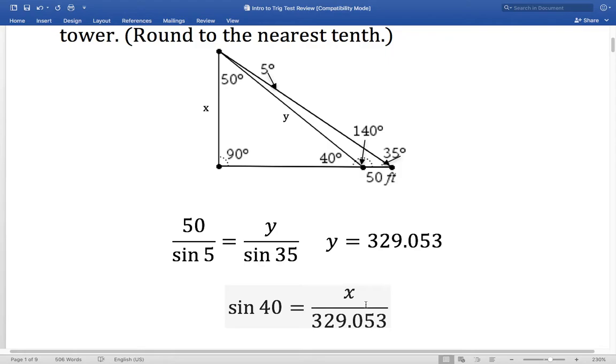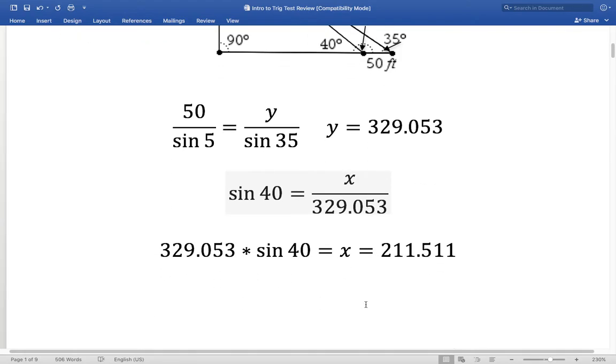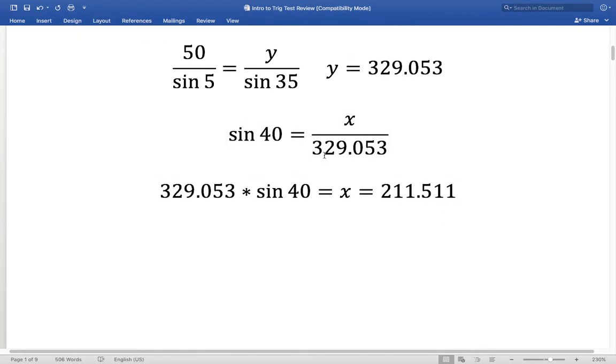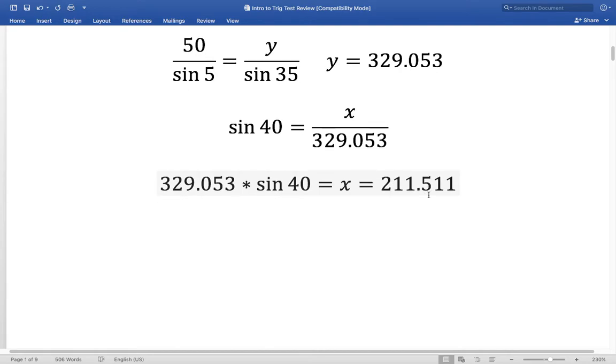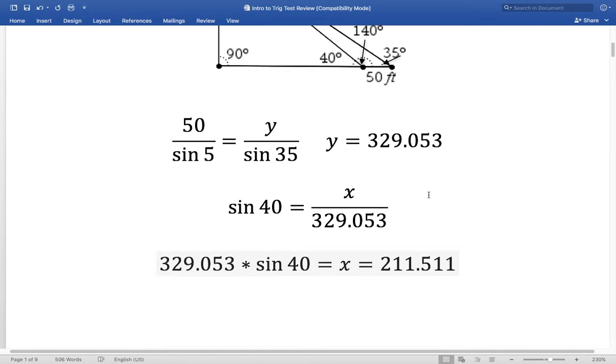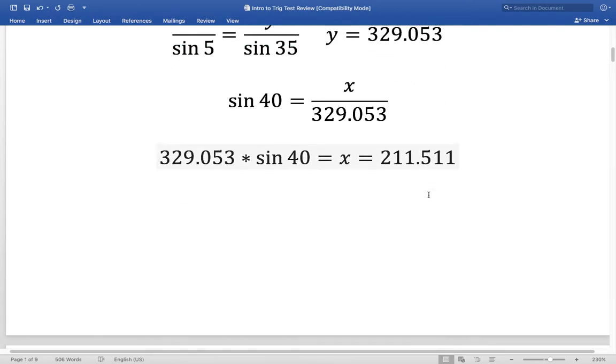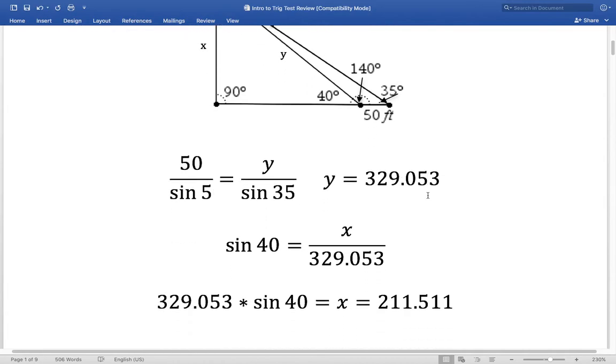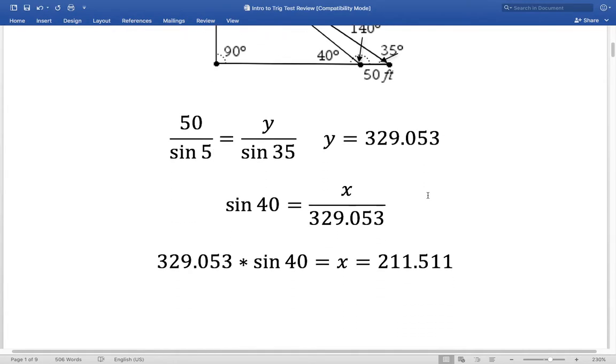That's the side we're looking for. So we're going to multiply both sides by 319.05, and when we plug that into the calculator, we're going to get our x value. In this case, we got 211.51 feet. Okay, and that is just using the law of sines and our trig ratios.